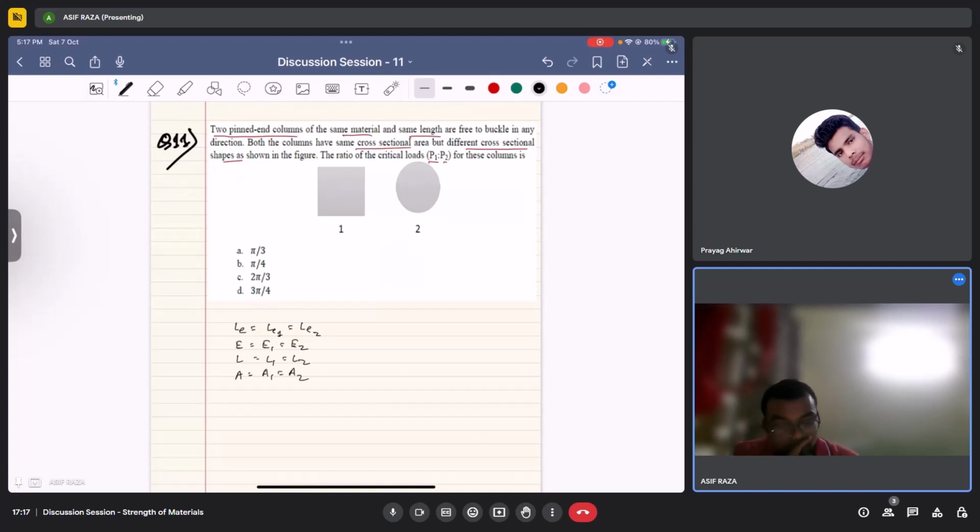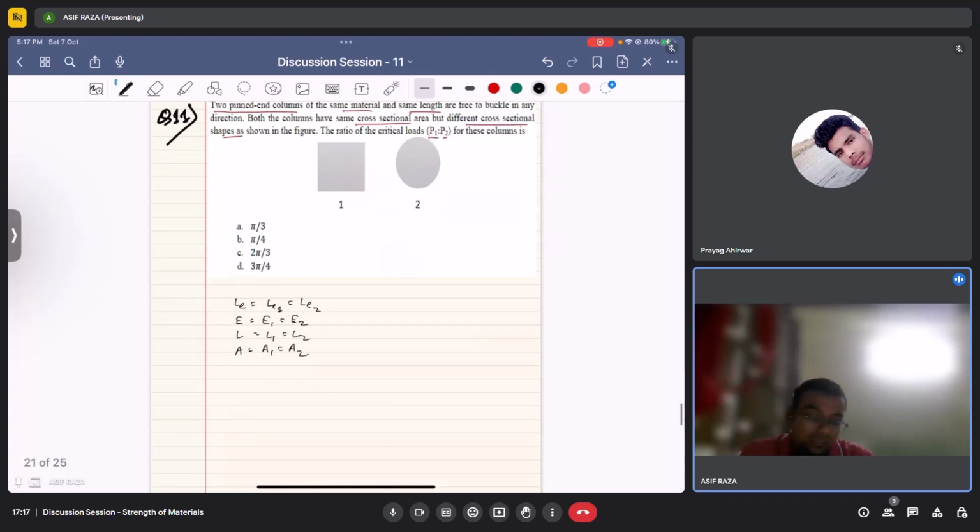Okay. Only thing different is the shape. Everything is the same. So let's find what would be the ratio of the critical loads P1 upon P2. To find the critical load, the expression is pi square E I minimum upon LE square.